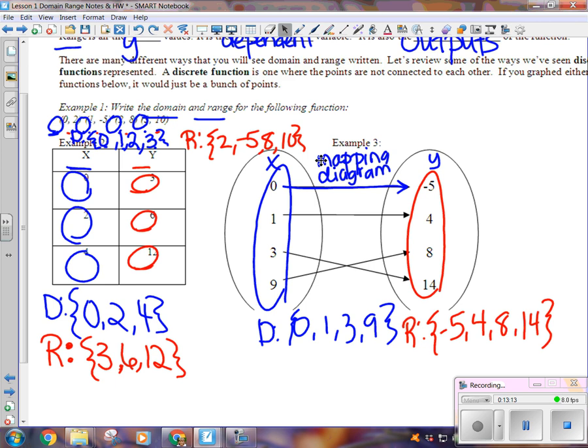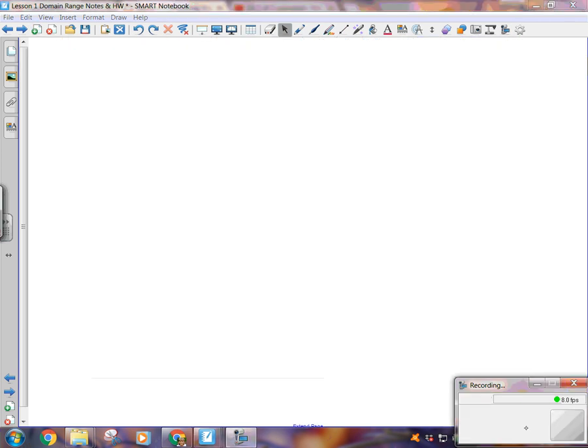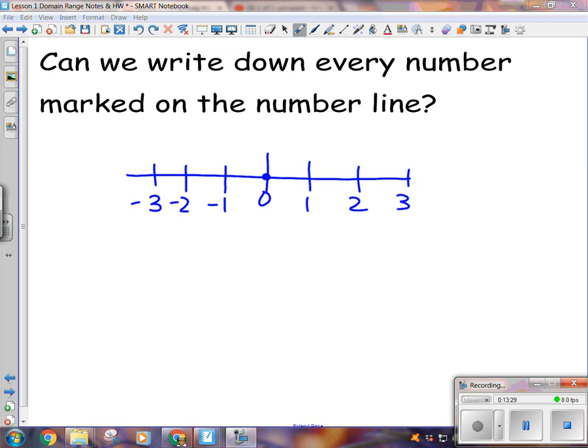If you have just a few points, it's super easy just to list every single point. I can easily list 3 numbers or 4 numbers in a list. But I do have a question for you. If I were to put a solid circle on the 1 and a solid circle on the 2, and then drew a line from 1 to 2, I'm trying to highlight or shade in all of the numbers between 1 and 2.